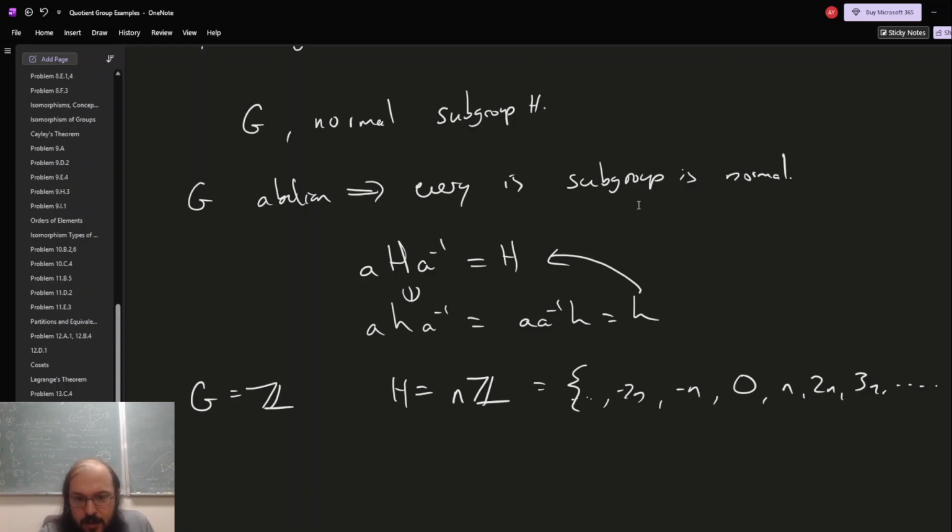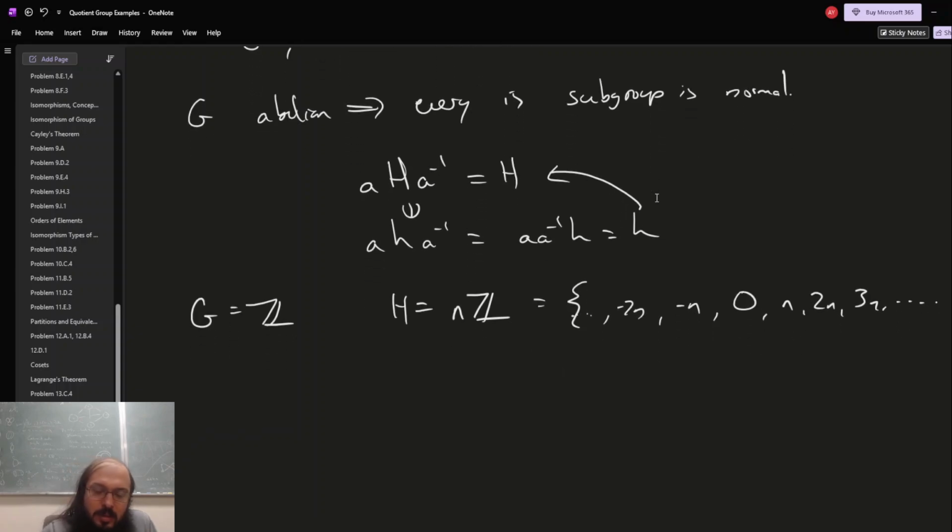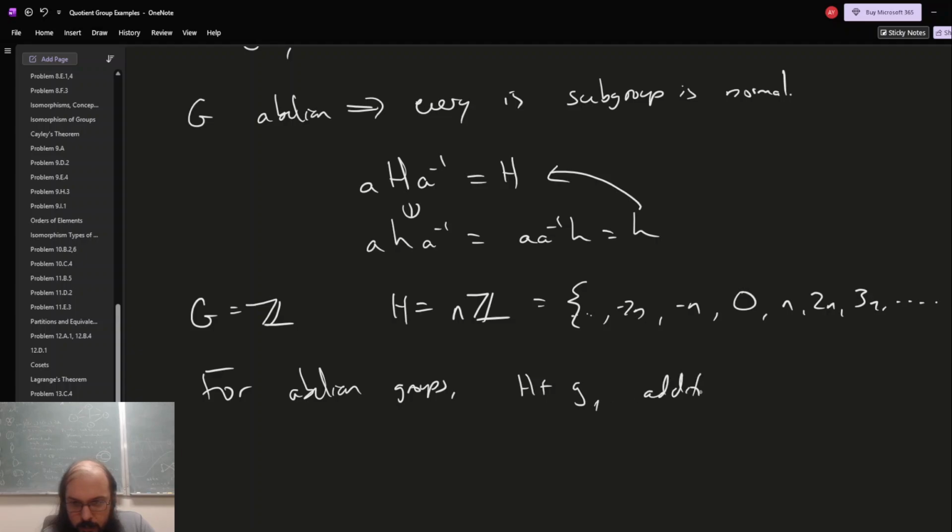For cosets, then, we'll often also use additive notation. What that means is that instead of writing HG or HA or whatever, we might be tempted to write H plus G or H plus A or whatever. This is the additive notation.